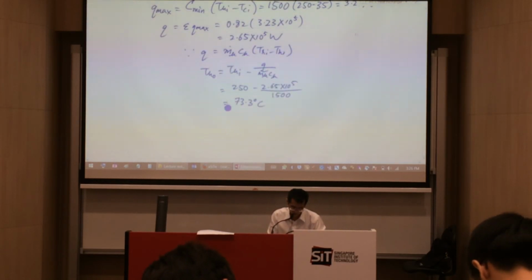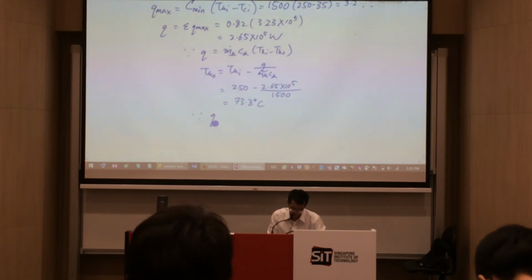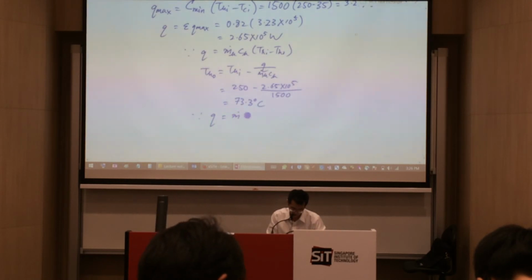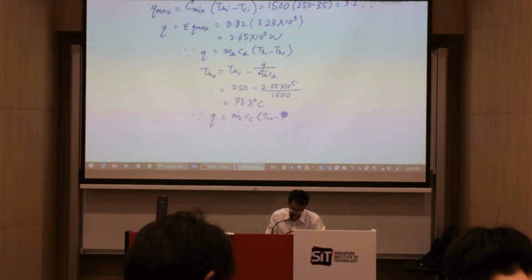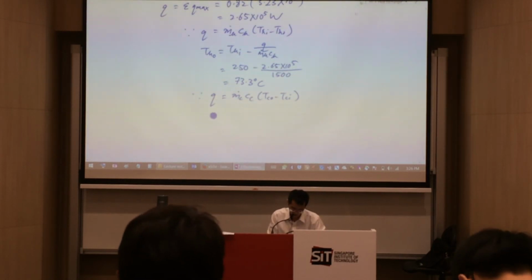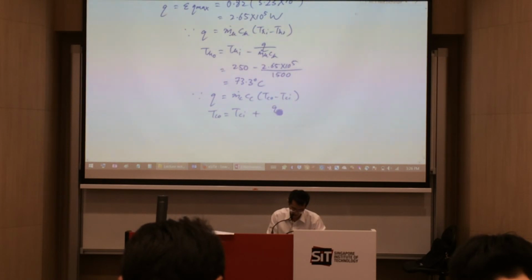So the last part of it, because we know that your Q is also equal to mass flow rate Cc, Tc naught minus Tci. So I could re-express this to find out what is my Tc naught as a subject. Tci plus Q over m dot C, Cc.